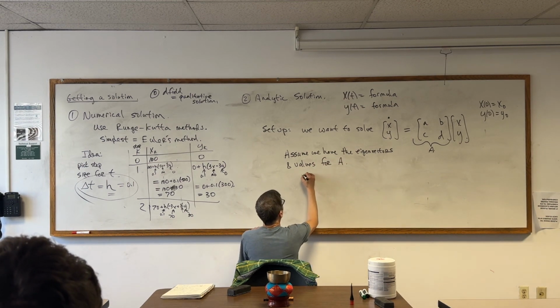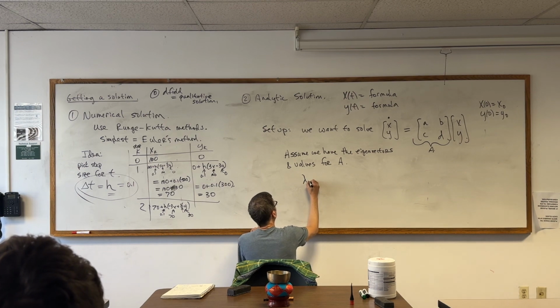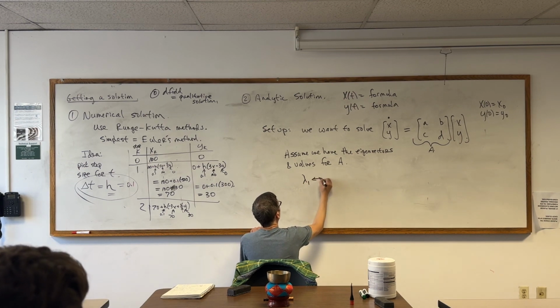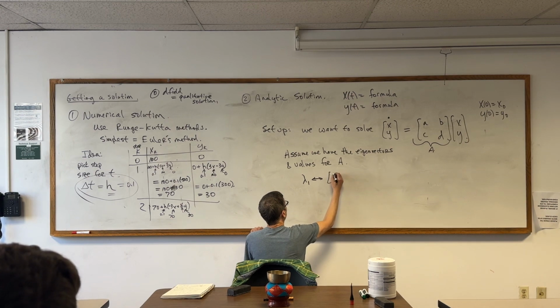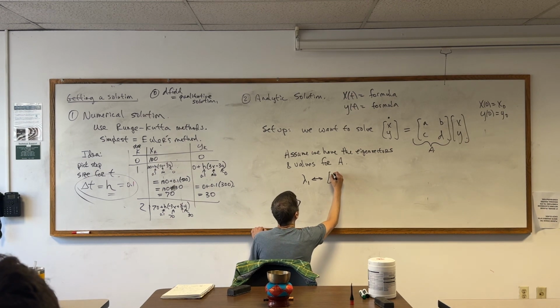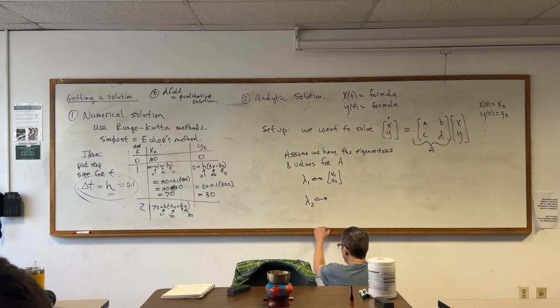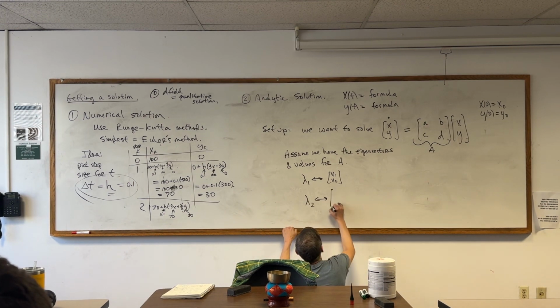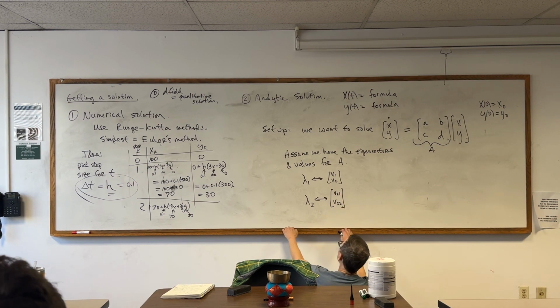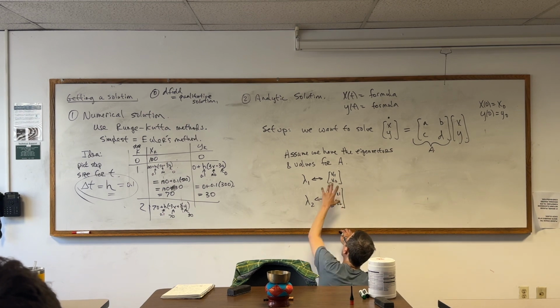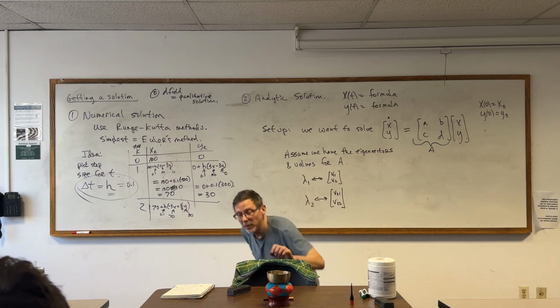More precisely, I've got this eigenvalue lambda 1 that corresponds to a vector v11, v12. And then I've got the second eigenvector. Let's assume we have two distinct eigenvectors. And this one corresponds to v21, v22. These are non-zero vectors. The eigenvalues might be 0.